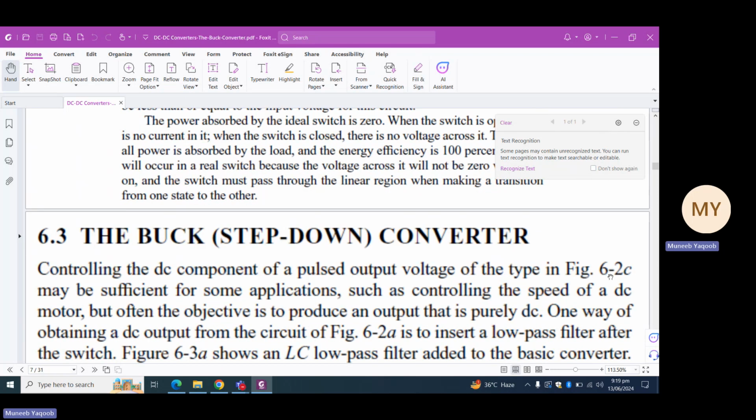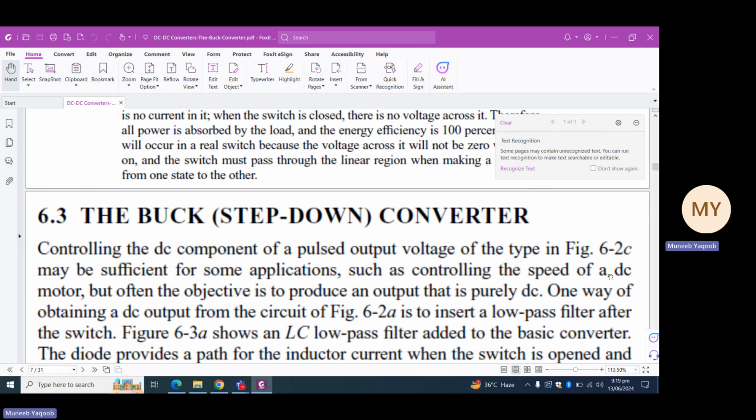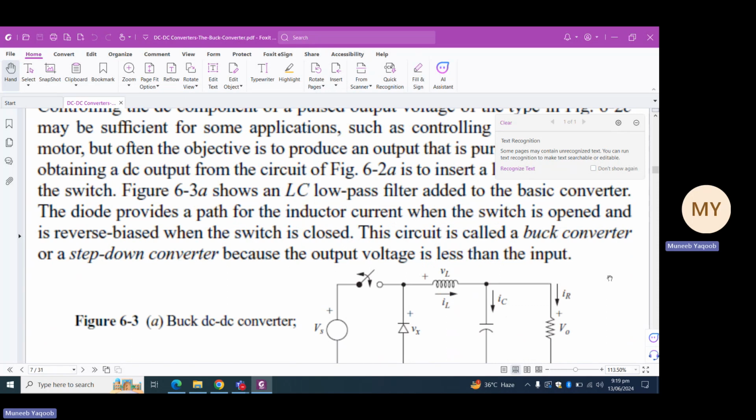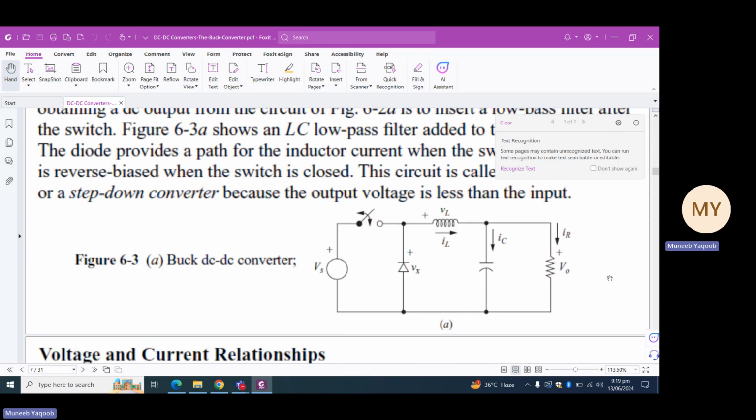Coming to the basic buck converter, that is a DC-DC converter that steps down the voltage from a higher voltage level. So this is the basic configuration of a buck converter.